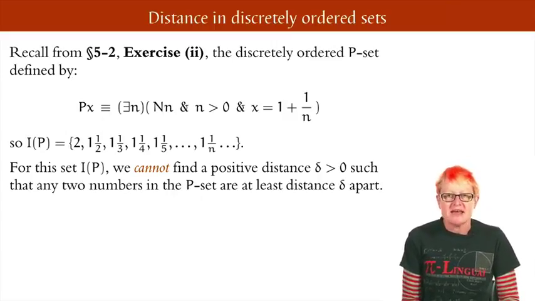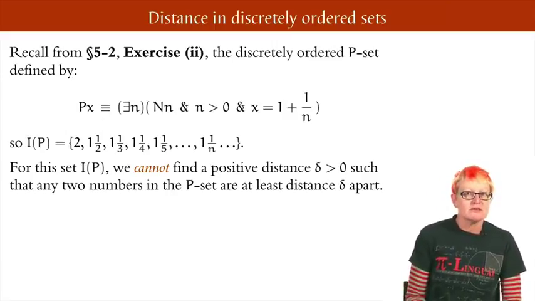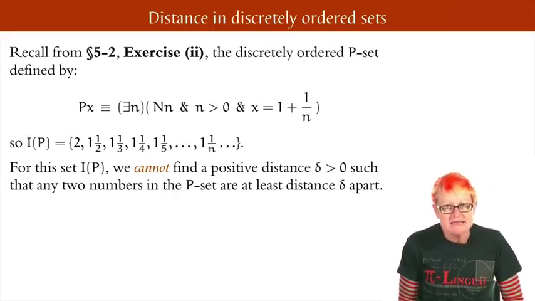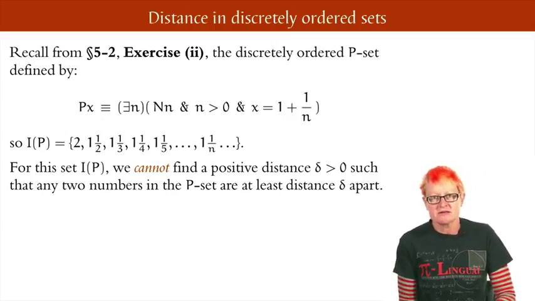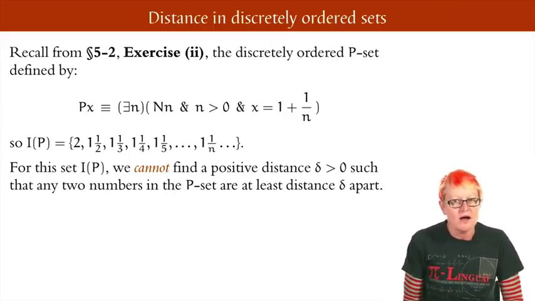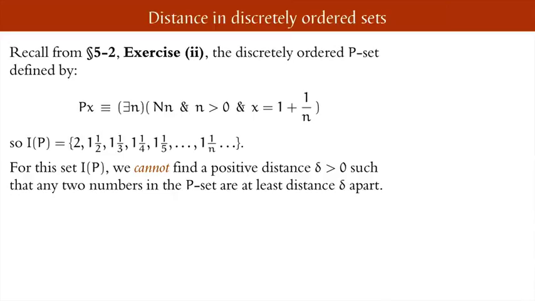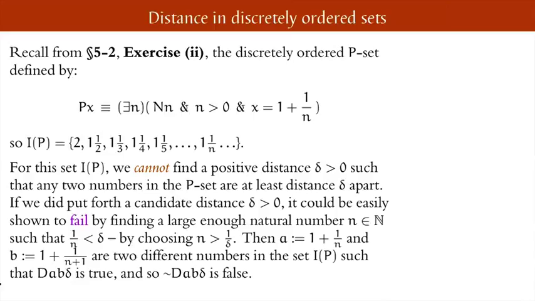But for this P set, we cannot find a positive distance delta such that any two numbers in the set are at least distance delta apart. This is because the numbers in the set get closer and closer to 1 and so closer and closer to each other. You can see the reasoning written out.